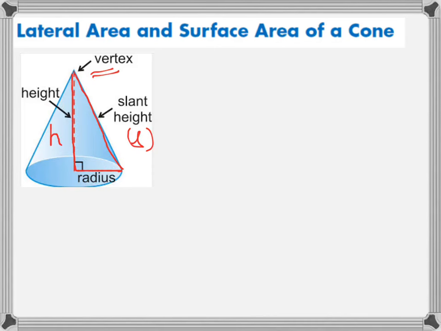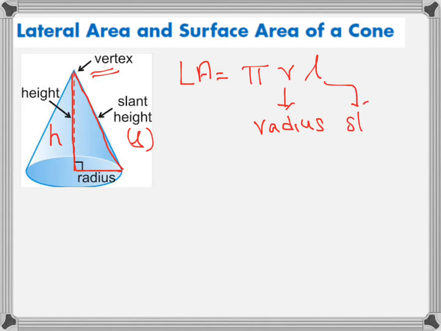The formula to find the lateral area of a cone is pi r L. What does R stand for? It is the radius of the cone. And what does L stand for? The slant height.